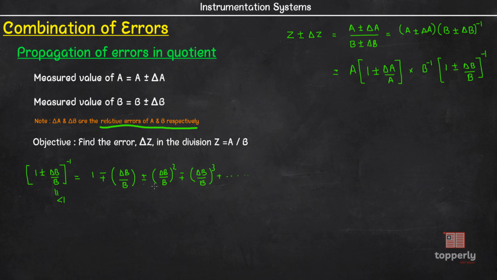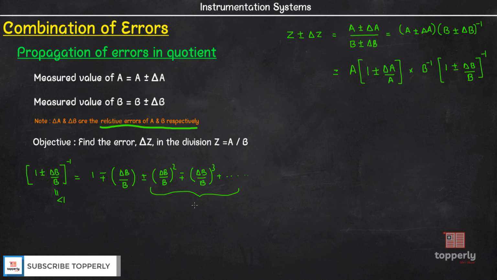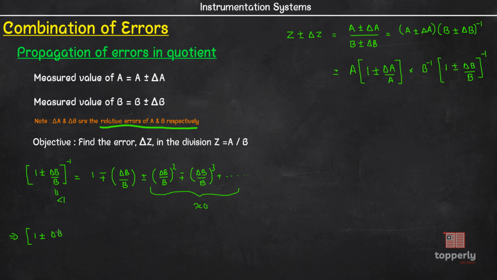Here the higher order terms, that is these terms, can be neglected as they are almost equal to 0. So 1 plus or minus delta B by B raised to minus 1 can be written as 1 minus or plus delta B by B.